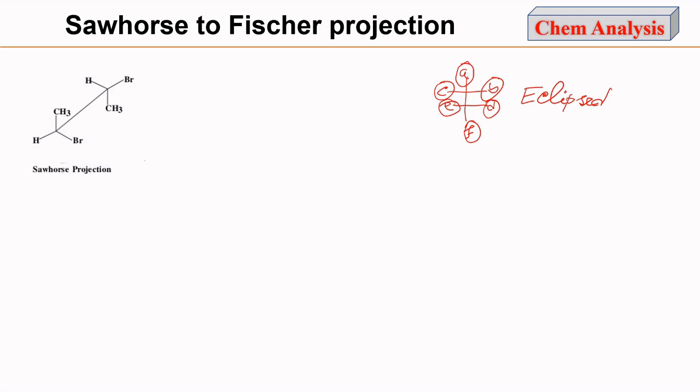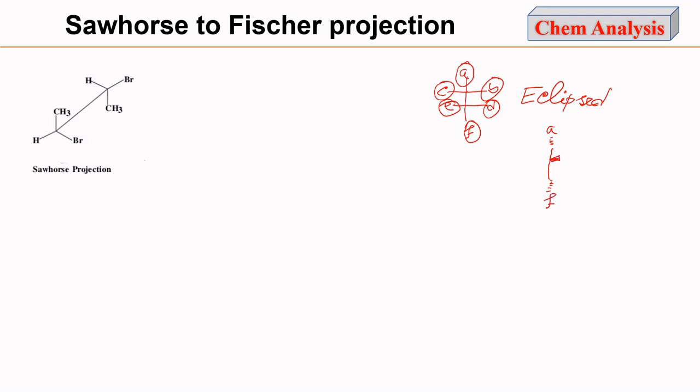Is it okay? Now, the orientation of the different substituents: B and C, which are oriented along the horizontal bond, will be above the plane. Similarly, D and E will also be above the plane, and the A and F substituents, which are directed along the vertical bond, will be below the plane. That is, the A group will be below the plane, and here the F substituent will be below the plane.